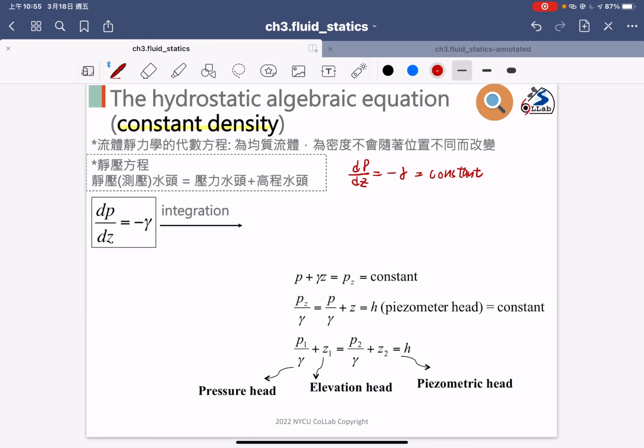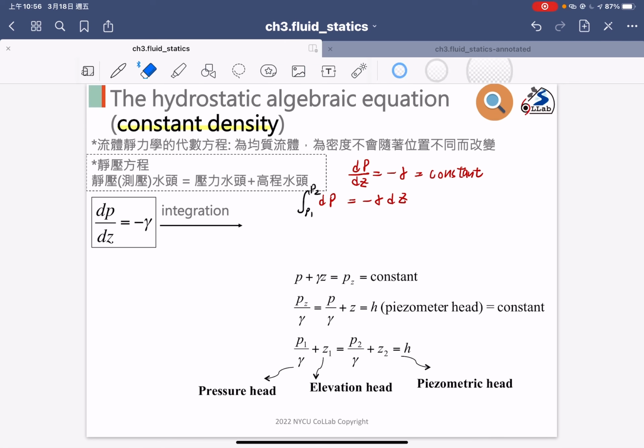Right now I would like to do the integration. I move the dz to the right-hand side: minus gamma dz. I assume the pressure goes from P1 to P2.